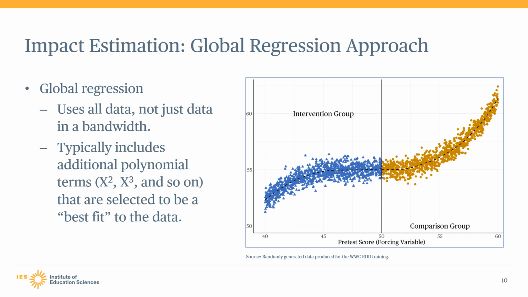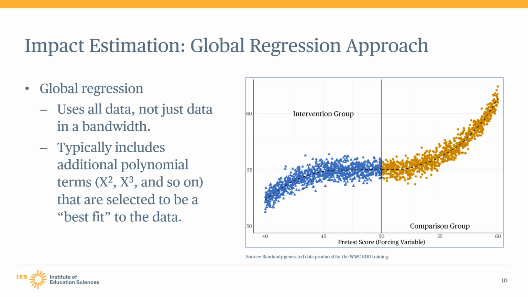In this case, researchers typically use fit statistics to select a model specification that is the best fit to the observed data. When using global regression approaches for RDDs, researchers usually estimate polynomial regression models rather than linear regression models to reflect the most appropriate functional form of the outcome forcing variable relationship.